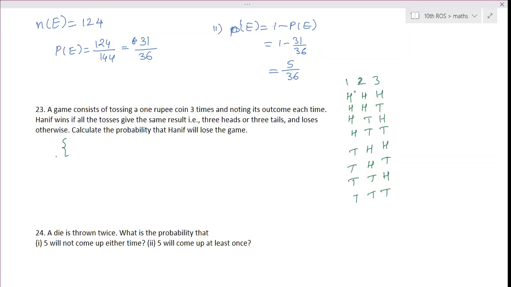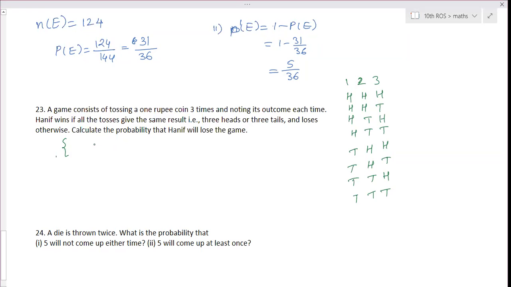This method is useful in computers, in Boolean algebra. Remember it.